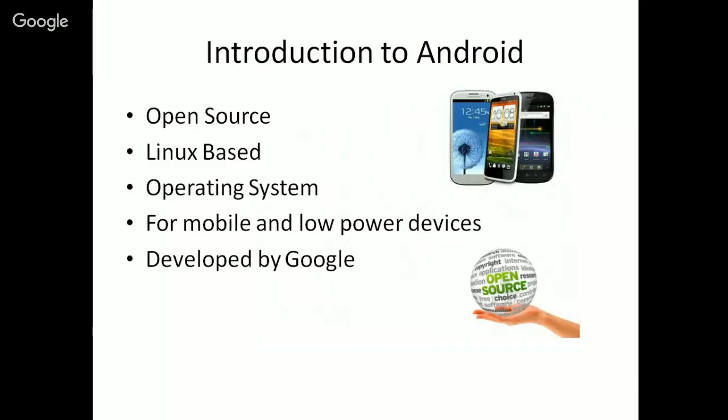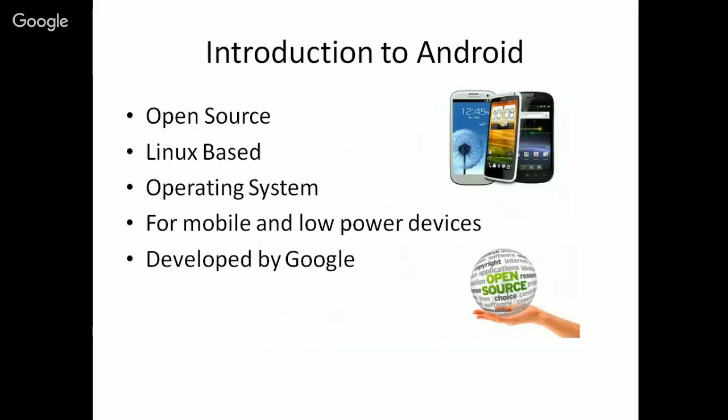And we all know that Android is developed by the well-renowned software company Google, and Google gives all its products for free, which is one of the best facts of open source companies.